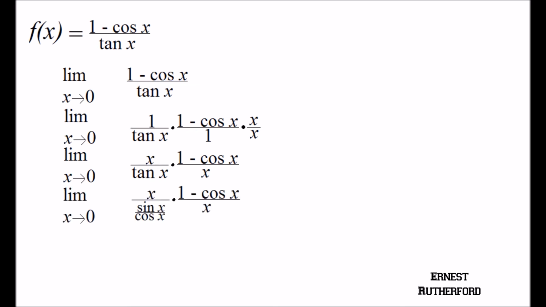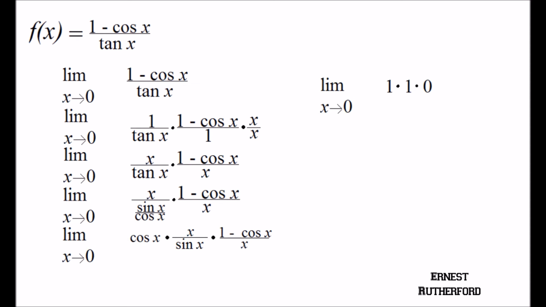Then change tangent of x to one of the quotient identities, which is sin x over cosine x, and then the other one remains the same. Then to get the answer, we multiply the denominator of the denominator to the numerator and the denominator of the function.